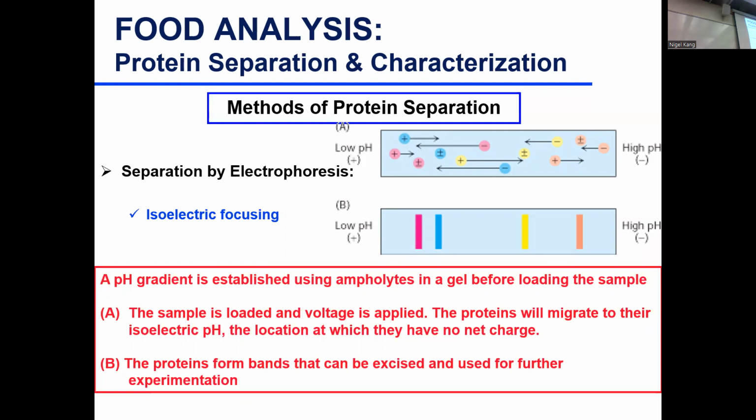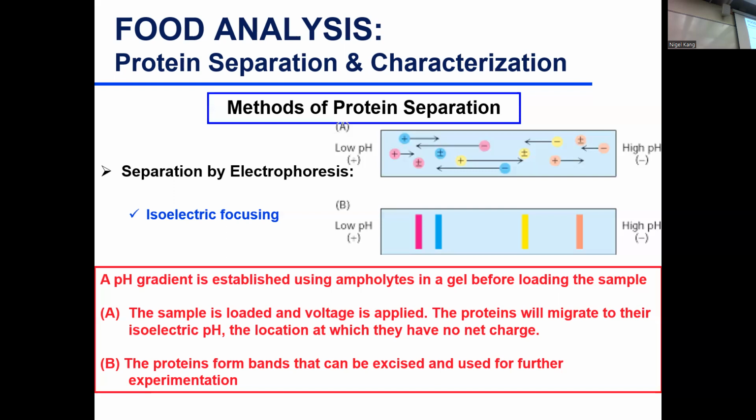What we can use to do this separation is ampholytes. Ampholytes are polymers that carry both negative and positive charges, and so they can provide different pH. Sometimes they provide a narrow pH range from 3 to 6. Sometimes they can provide a wider pH range. So with ampholytes, we can have a linear pH gradient.